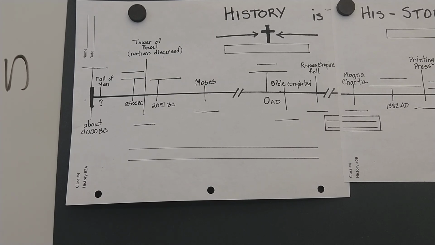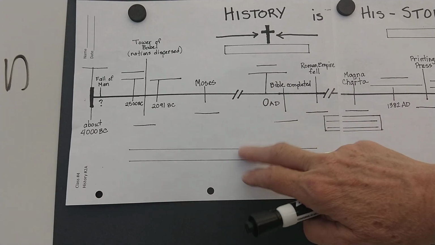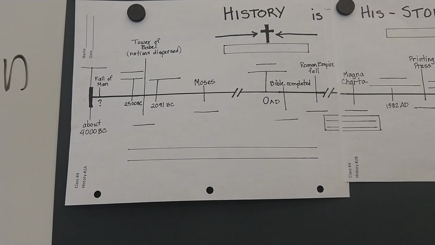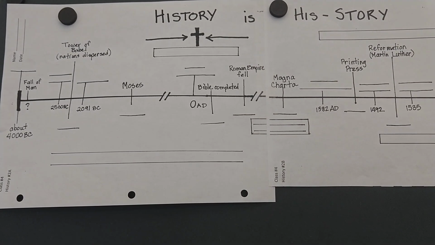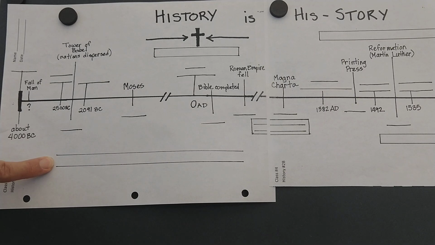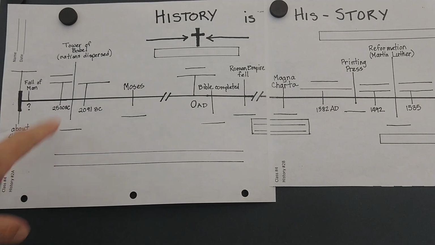Because all these things happened in order to set things up to have the founding of the United States. So right here on these two lines, write a title for this. We've written up here, history is his story. It's God's story, not man's story. But over here, I want you to write your thought about this great timing of God.